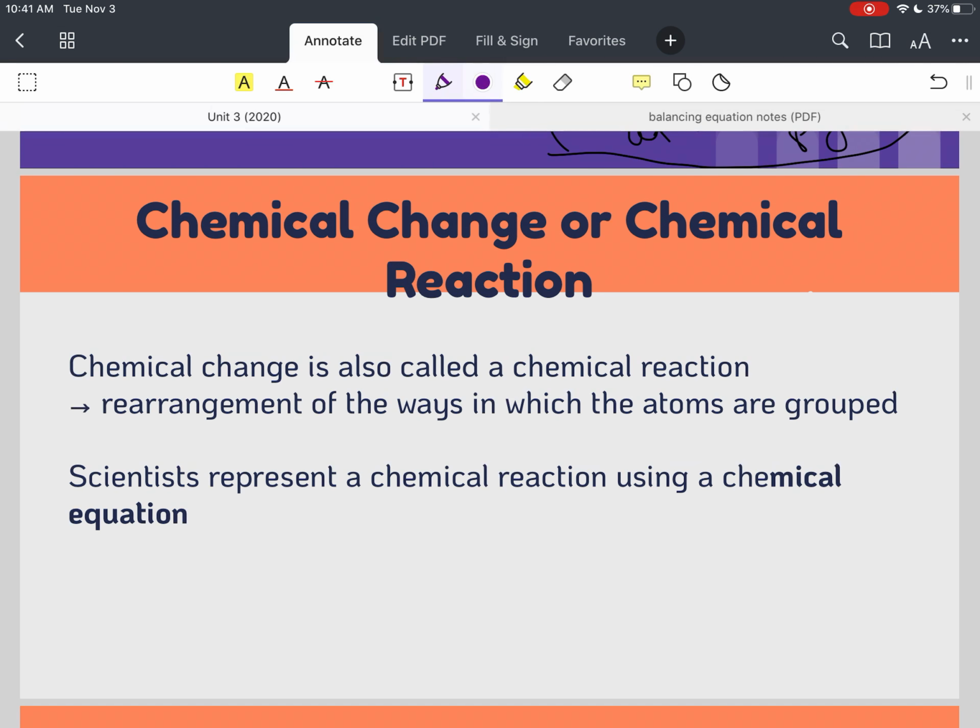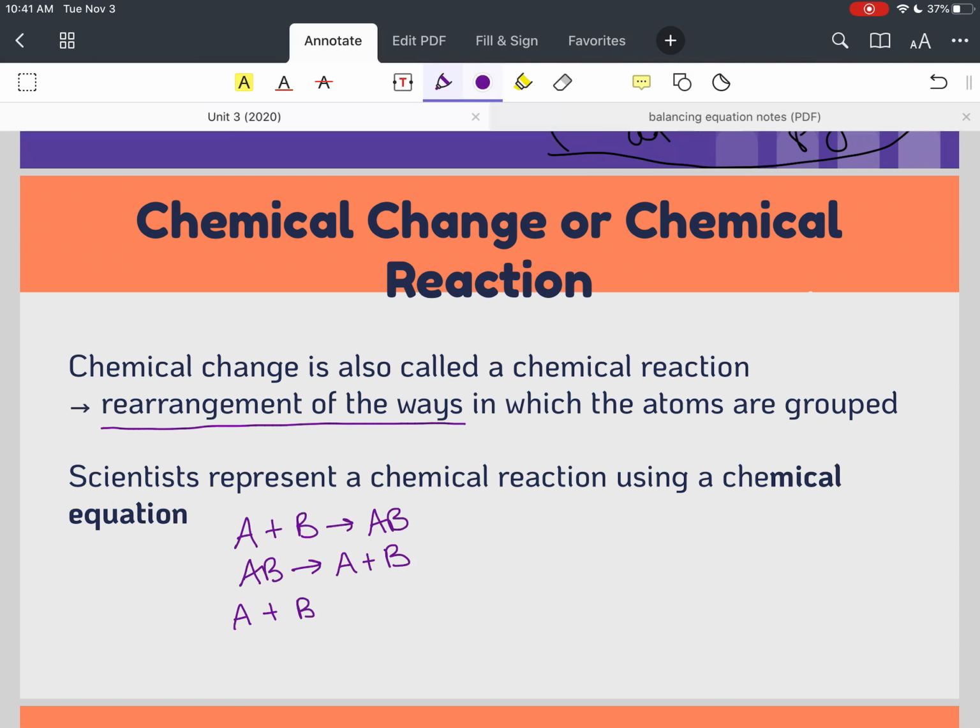Okay, so we know a chemical reaction is just basically rearranging the ways the atoms are grouped, and we can do that a few different ways. There's chemical reactions called synthesis reactions, where maybe I have two things, A and B, and I've combined them together. I can also do the opposite, called decomposition reactions, where I can break down something into two or more parts.